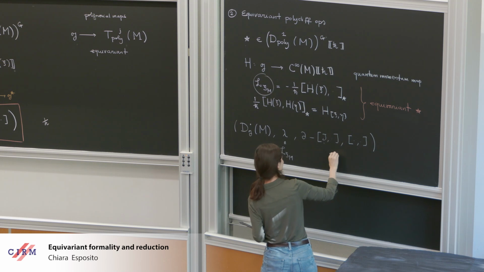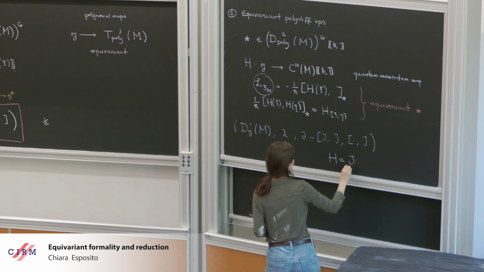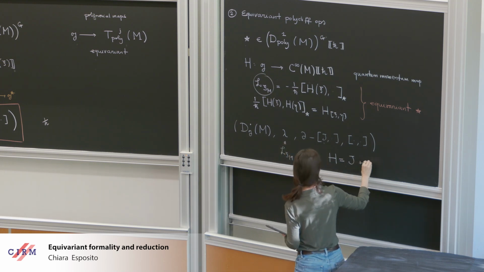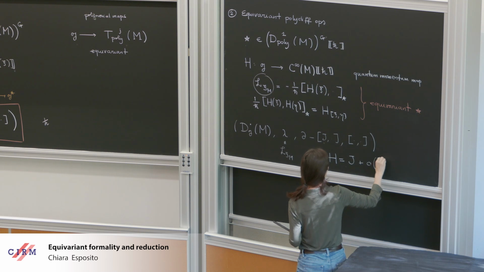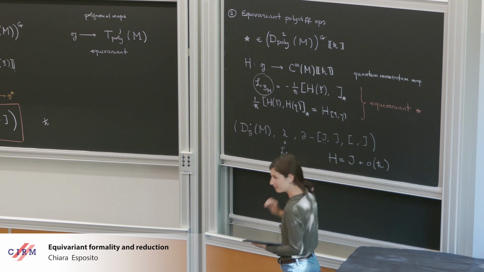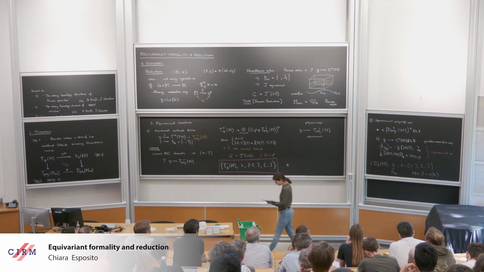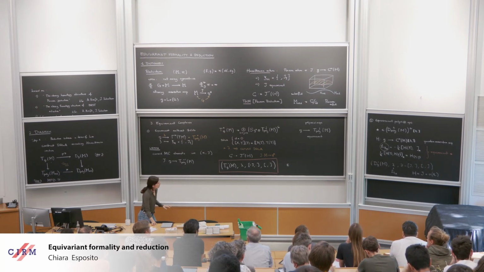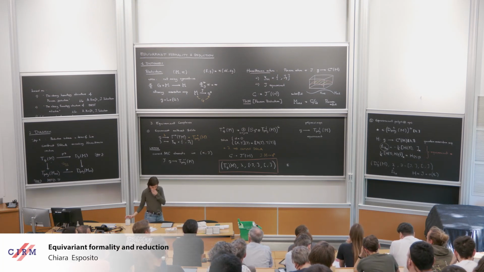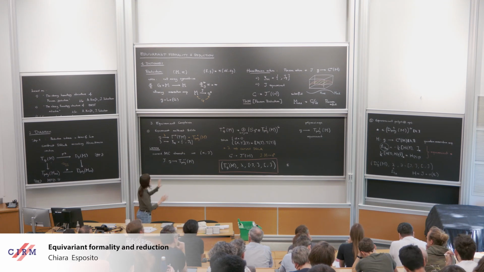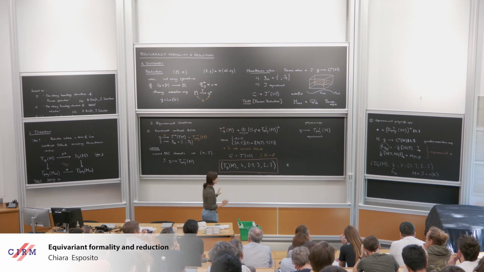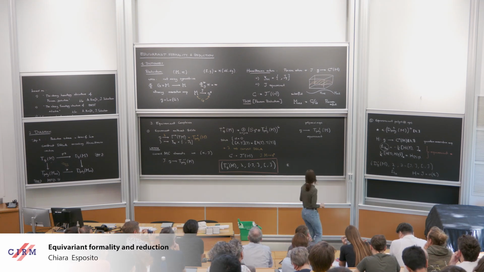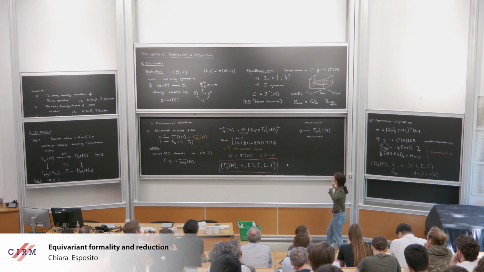Because h is a deformation of J. Makes sense. It's central, everything works. So you see, we have the two complexes. And now I can really try to perform out of these complexes the two vertical arrows.